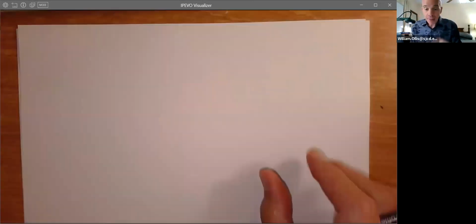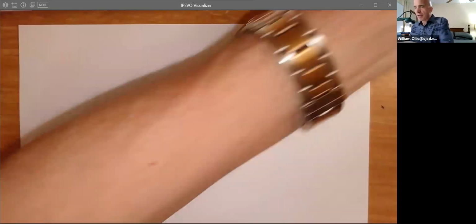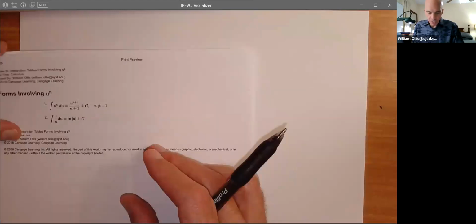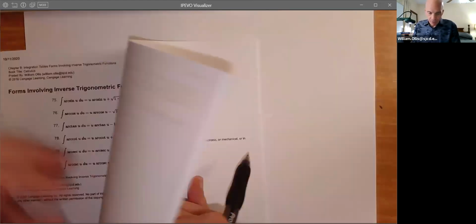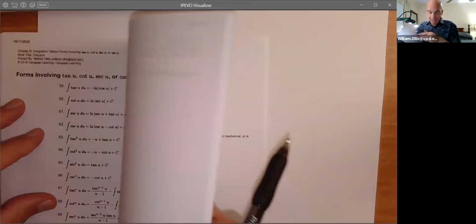And in your actual book, I've got the integration table here. You will have rational expressions of sine and cosine.